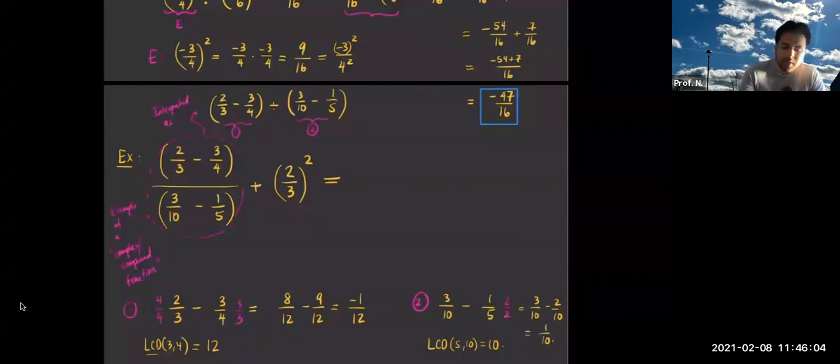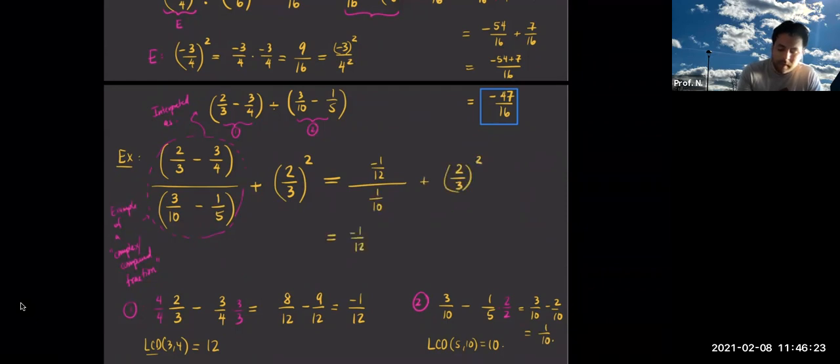Okay, so then I could rewrite this as the top portion here would be negative 1/12, and I'm dividing that by 1/10, and I'm adding 2/3 squared. And again, I can interpret this as negative 1/12 divided by 1/10 plus 2/3 squared.